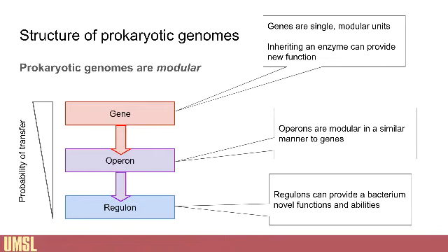You have genes, and these coding regions are often packaged together in operons, and these operons are often components of much larger regulatory networks known as regulons. And one of the things we're going to see has to do with how well these things are transmitted in terms of horizontal transfer. That's going to be the topic of the next lecture.